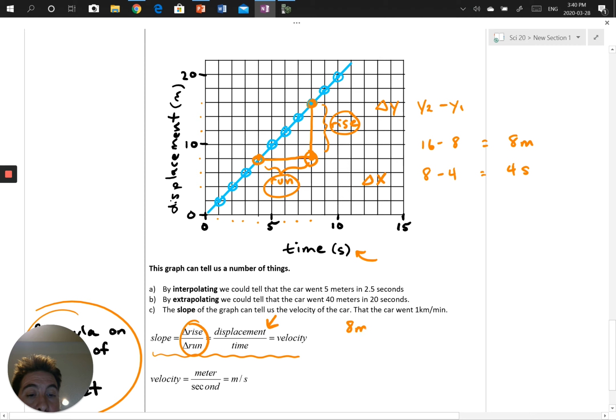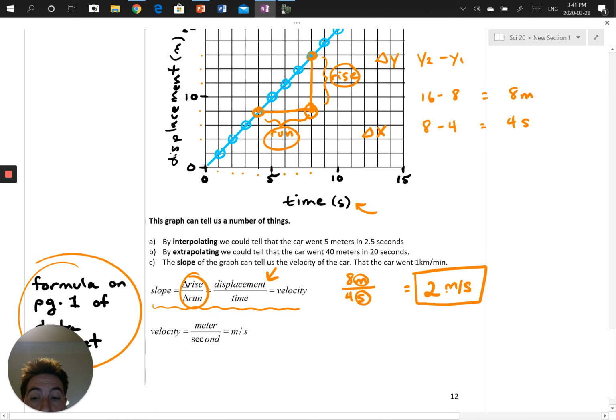So 8 meters divided by 4 seconds is going to give me my velocity. So for a displacement time graph, the slope of your graph is your velocity. And I think we already know our velocity is going to be 8 divided by 4, which is 2 meters per second. So meters over seconds. So there's our velocity.